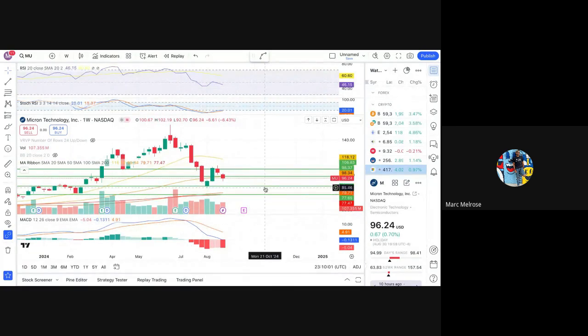All right. So MU on the weekly, you can see that it's currently at $96.24, or about $97. We can see that it's testing our 50-week moving average, and that's going to be huge. Like, can we reject this moving average? If we can reject this moving average, then we're going to be seeing it try to get back to 107.